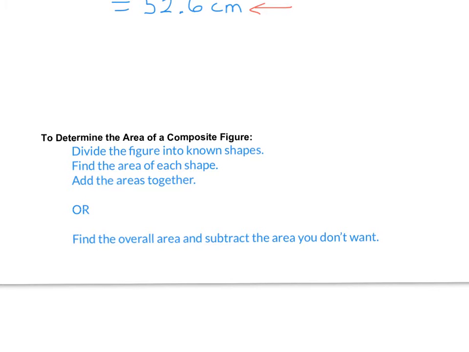All right, so depending on our situation, we're going to divide the figure into known shapes, find the area of each shape, and add those areas together. Or part of our example up above had a rectangle with a triangle cut out of it. That would be the second option here, where you're finding the overall area of the rectangle, but then subtract the triangle part that you wouldn't want for that particular example. So let's put some of this into play and see how we do with it.